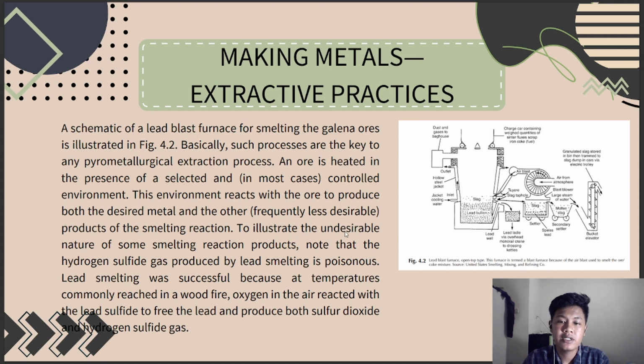To illustrate the undesirable nature of some smelting reaction products, note that the hydrogen sulfide gas produced by lead smelting is poisonous. Lead smelting was successful because at temperatures commonly reached in a wood fire, oxygen in the air reacted with the lead sulfide to free the lead and produce both sulfur dioxide and hydrogen sulfide gas.